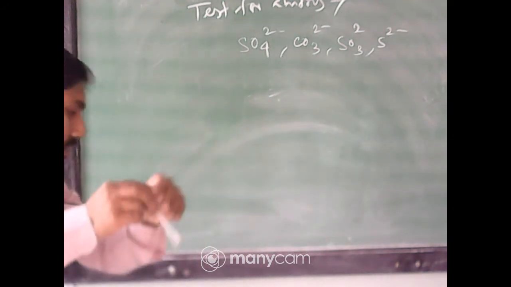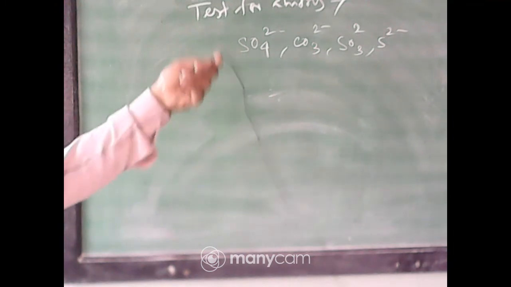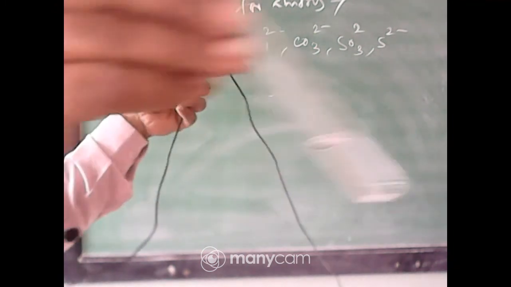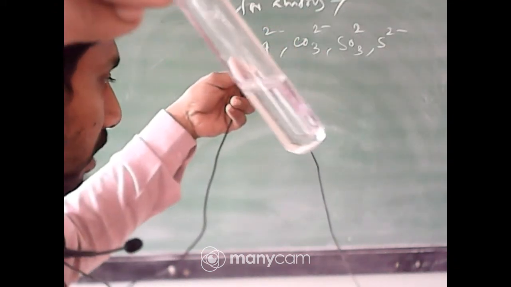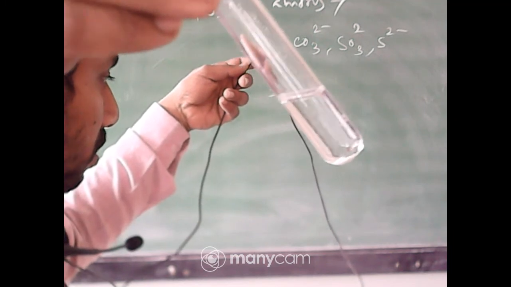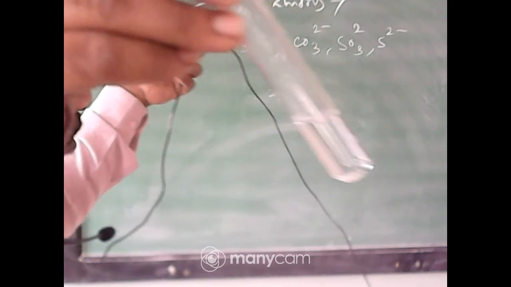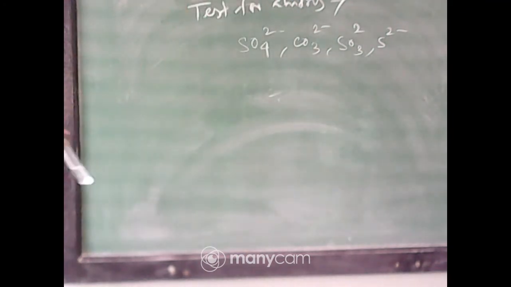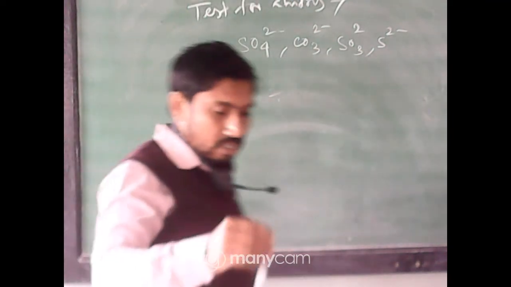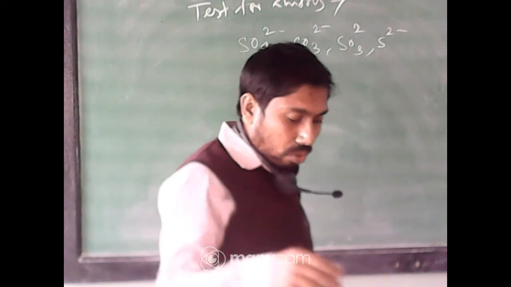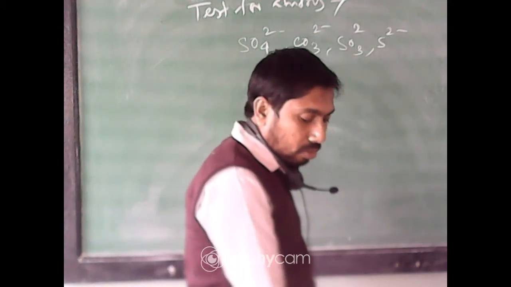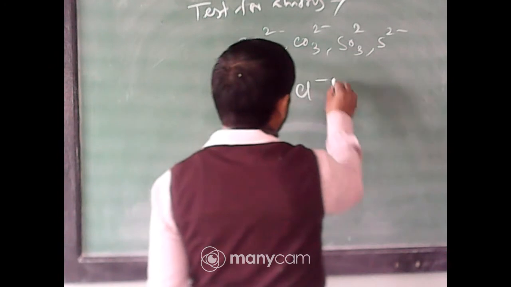Here there was a heavy curdy white precipitate, but now is any precipitate there? No precipitate, it has totally disappeared. Yes, this is the confirmative test for chlorine, that is halides or chlorides. So here we get Cl minus present.